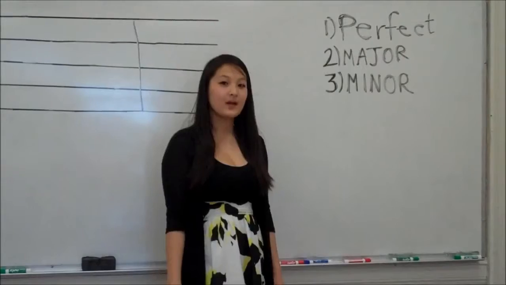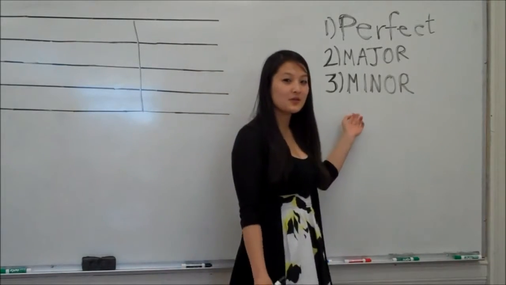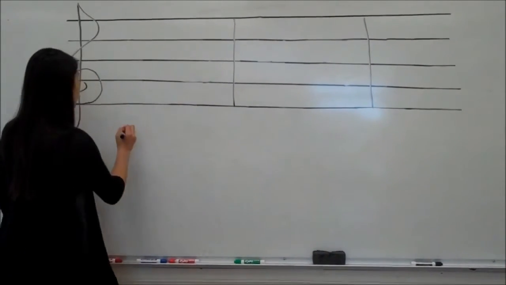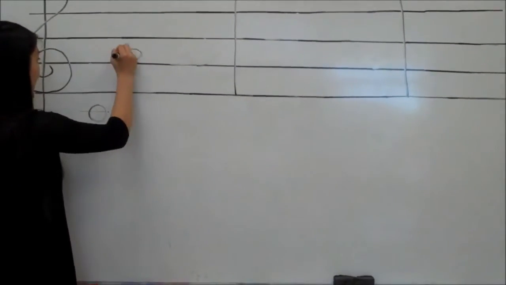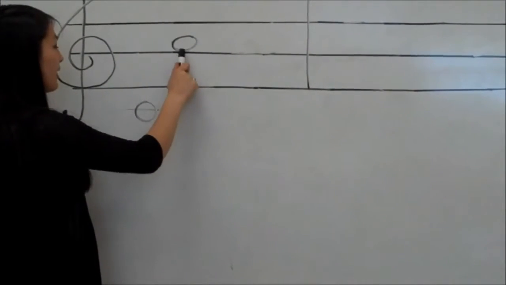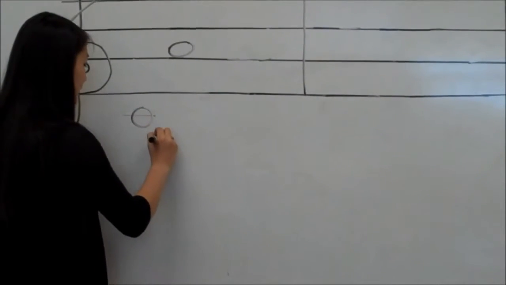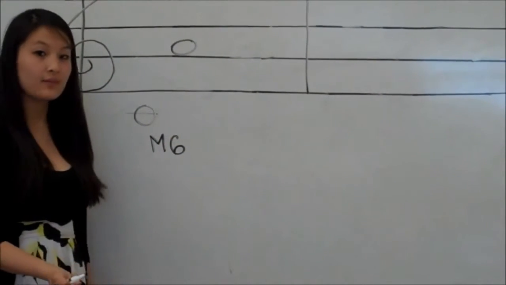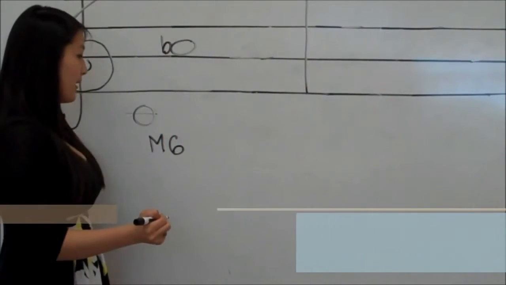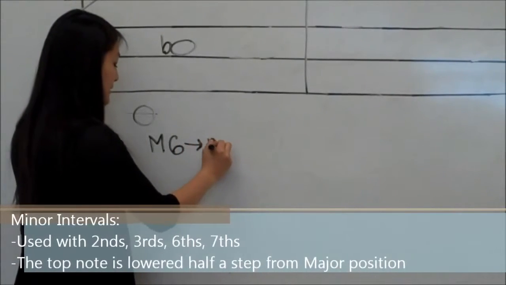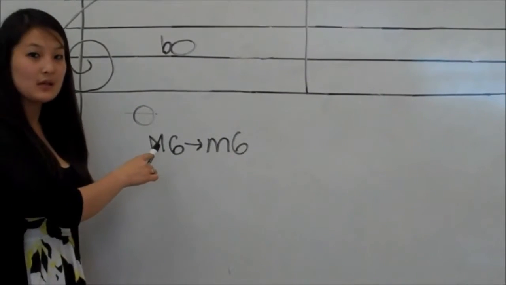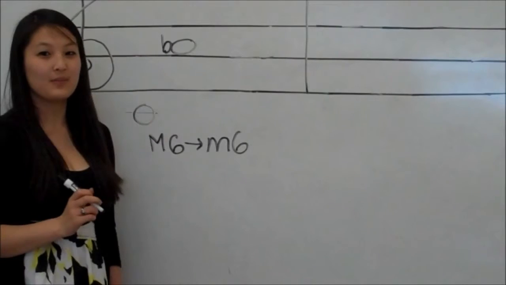Our next type of interval is the minor interval. And it's about the same as the major interval. So if we take C to A, which would normally be a 1, 2, 3, 4, 5, 6, so it would normally be a major sixth. If we lower that top note by half a step, making it A flat, it becomes a minor sixth, because A flat is no longer in the key signature of C, but instead it's lowered half a step.